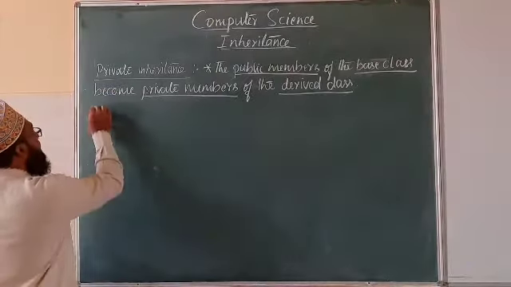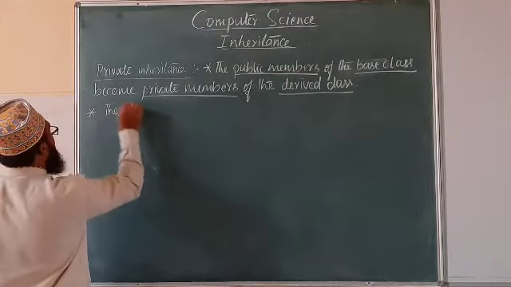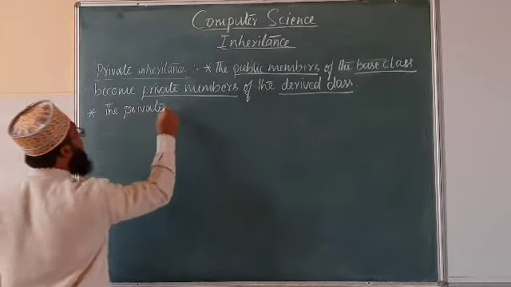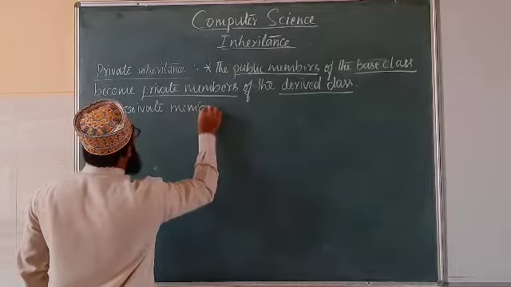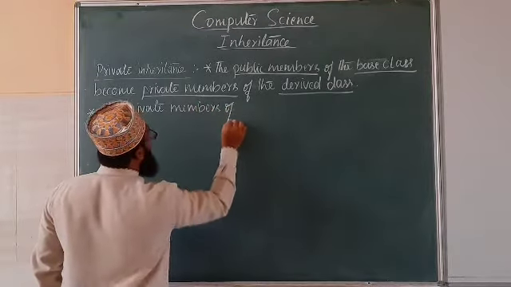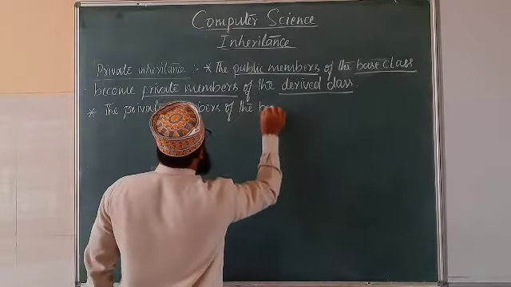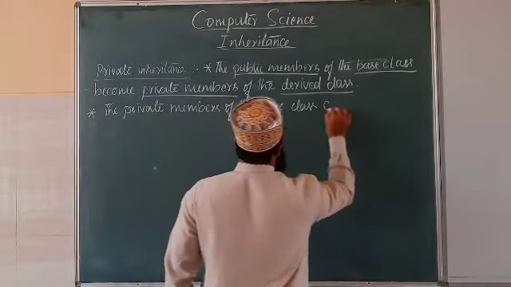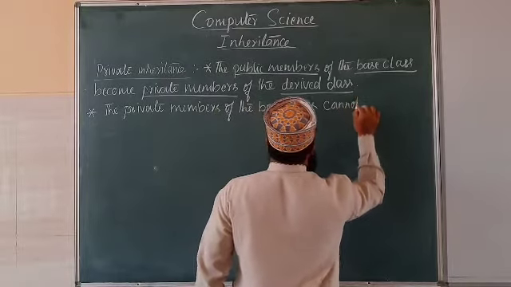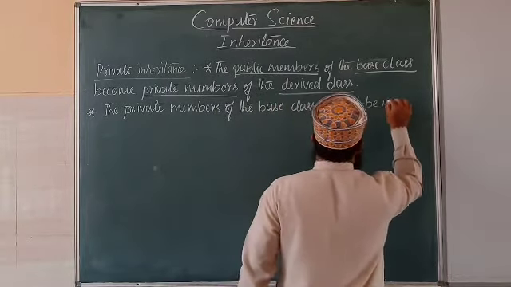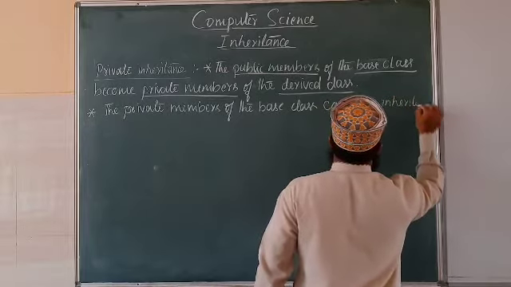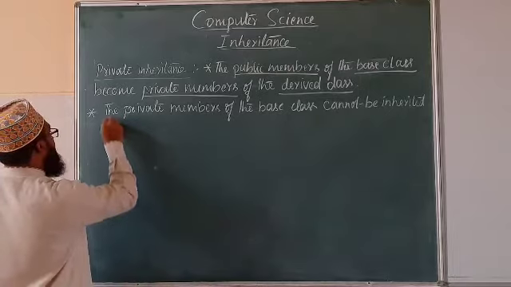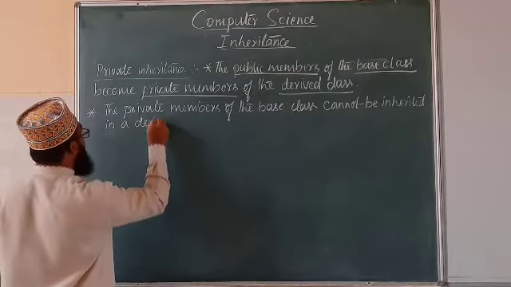And next point, the same points. The private members of the base class cannot be inherited in a derived class.